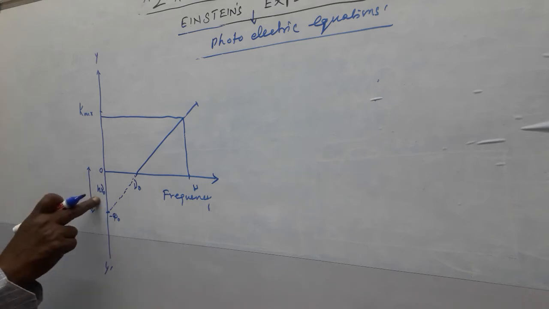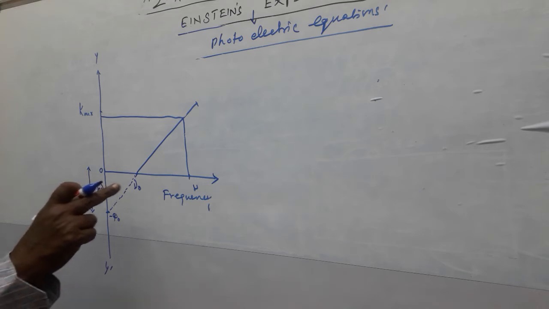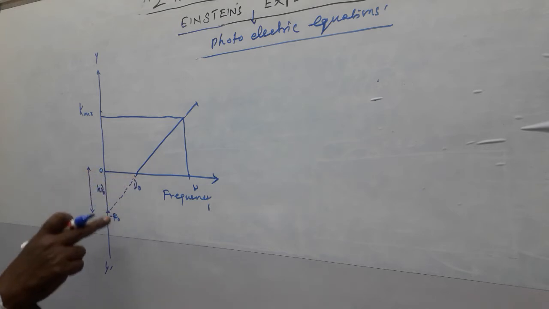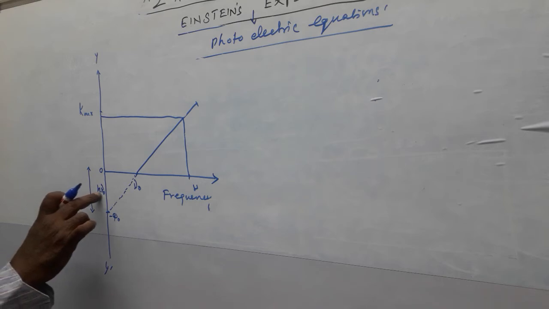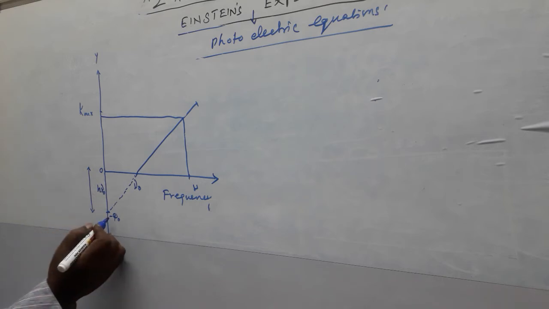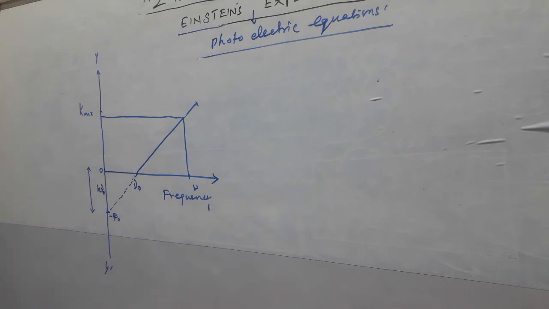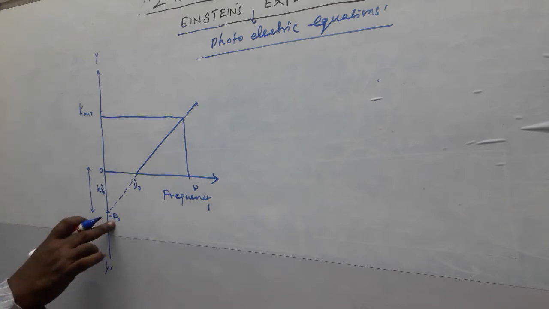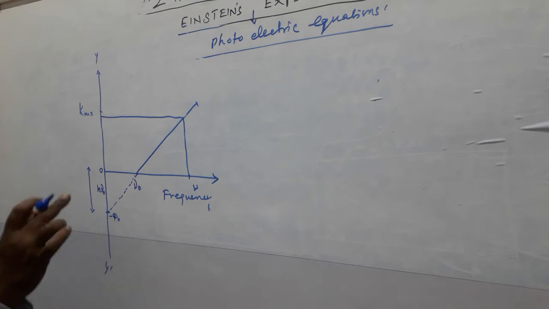This is the energy which is absorbed when we apply the incident ray with h nu naught. Then what happens here? The amount fully received by the electrons is completely exhausted in the work function itself.